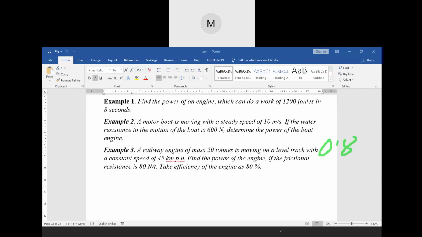Yes or no? So what will be the actual power? The actual power will be 20 divided by 0.8.